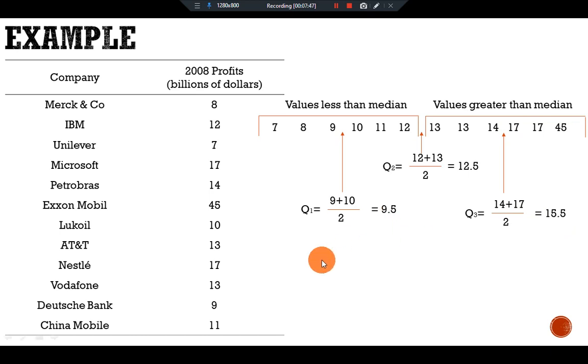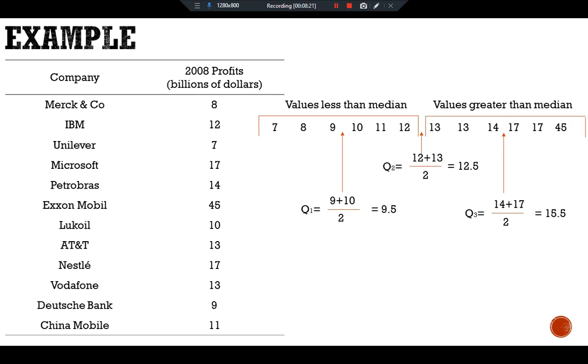So the value of Q1, that is 9.5 billion, indicates that 25% of the companies in this sample had profit that is less than 9.5 billion, and 75% of the companies had profit that is higher than 9.5 billion.